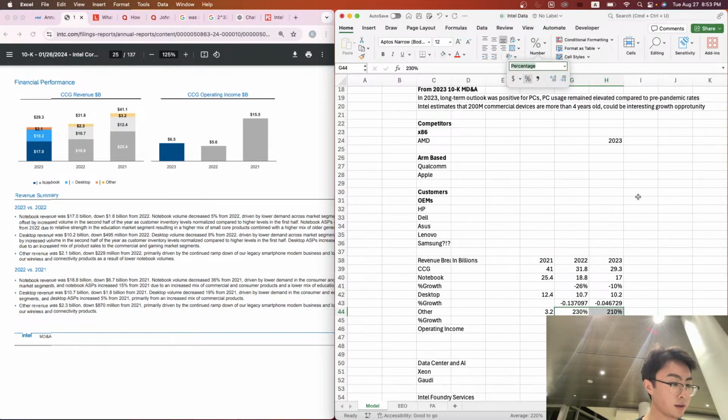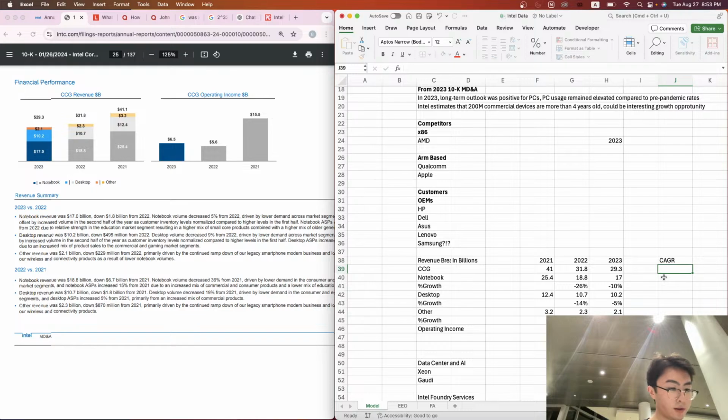And then let's also turn this into percent. Okay, I think if we do a CAGR, so a 2-year CAGR. I'm trying to think, how do we calculate the compound annual growth rate, right?